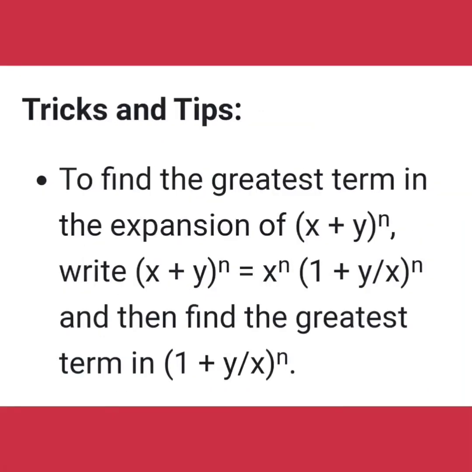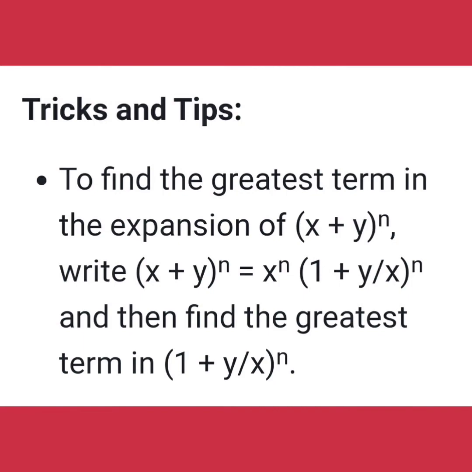Now another trick and tip in the binomial theorem I am going to tell: how to find the greatest term in the expansion of (x + y)^n. When you consider (x + y)^n, you can write it in the form of (x + y)^n = x^n (1 + y/x)^n, taking x outside.